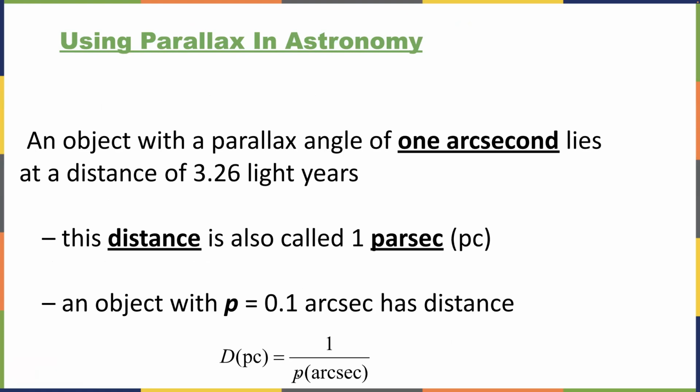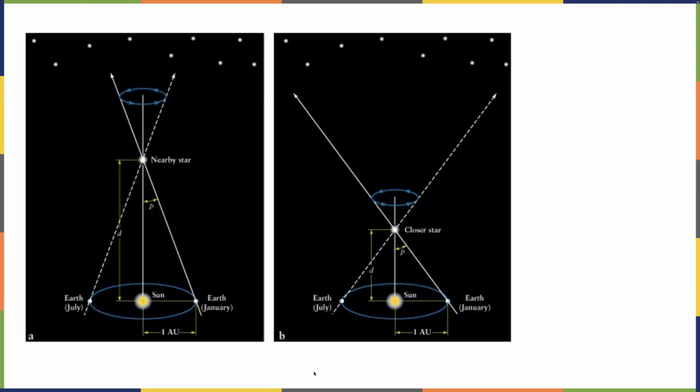That means the larger the distance, the smaller the parallax angle will get. It's obvious, no? If the distance is larger, this angle will be smaller. But if you are looking at a nearby star, the parallax angle will be larger, right? This is something you experience even in your day-to-day life.